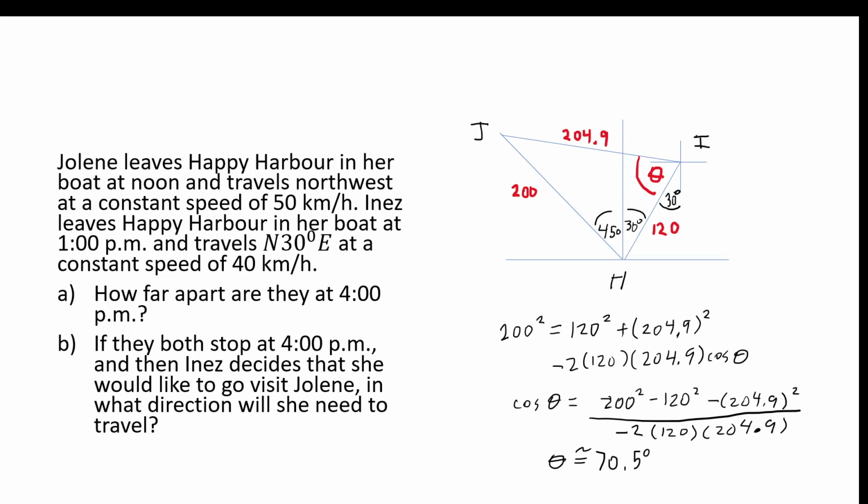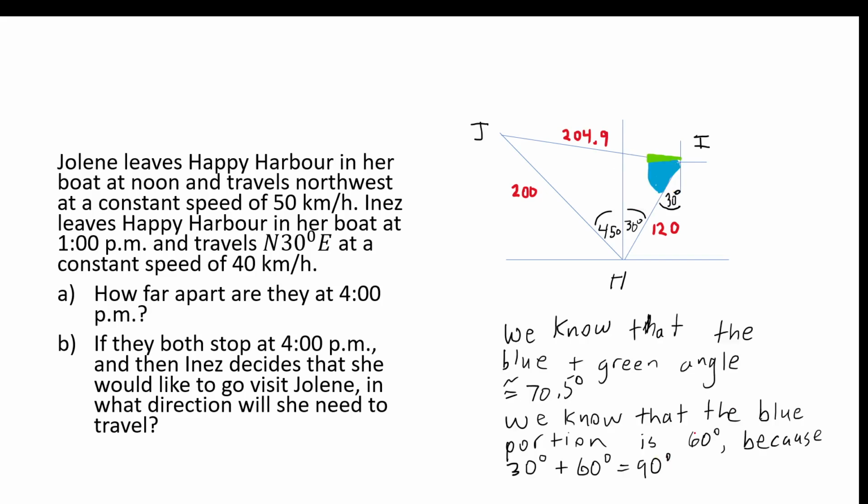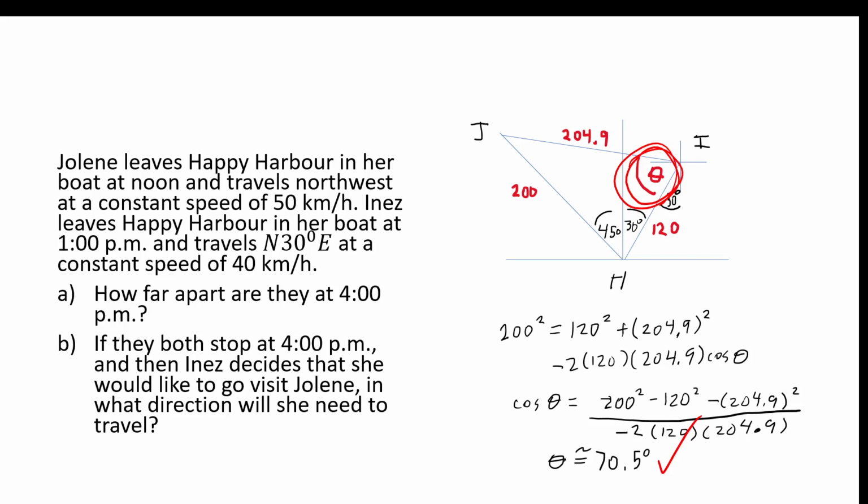We can say 200 squared equals 120 squared plus 204.9 squared minus 2 times 120 times 204.9 times the cos of theta. Using that approach, we get that theta equals roughly 70.5 degrees. So that theta there is a 70.5 degree angle.